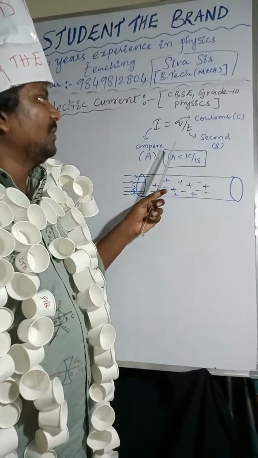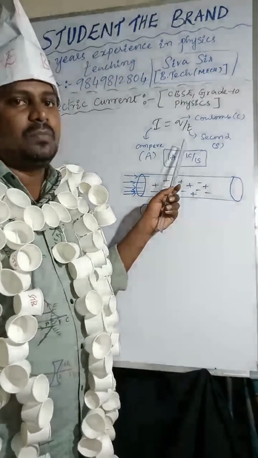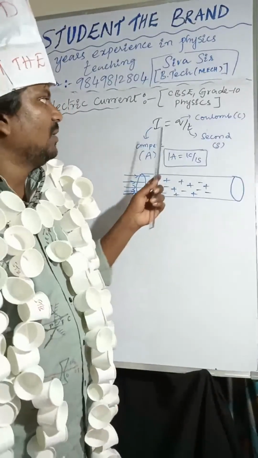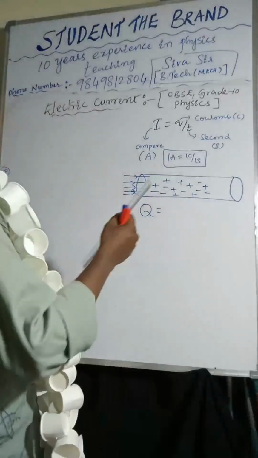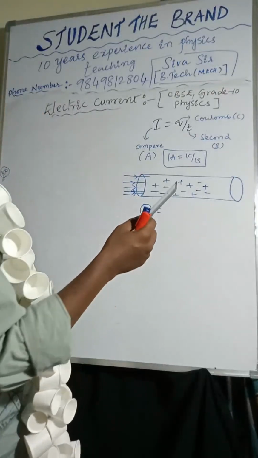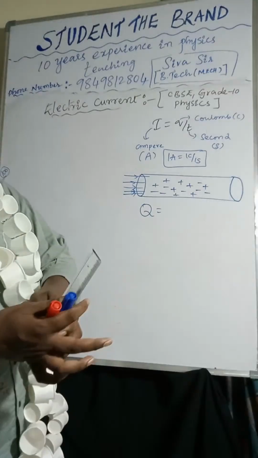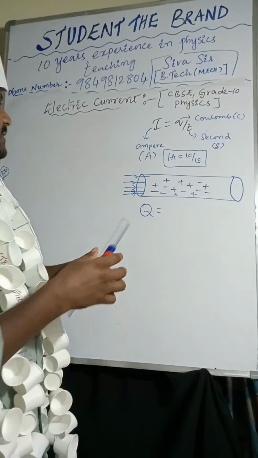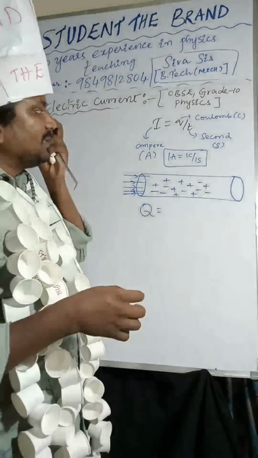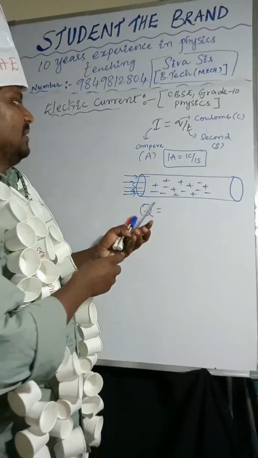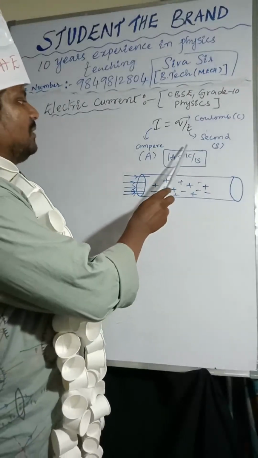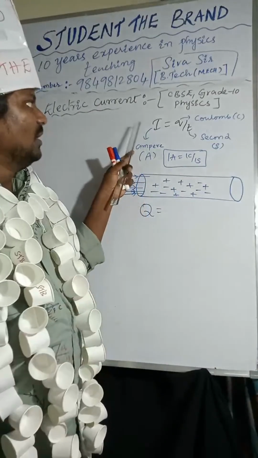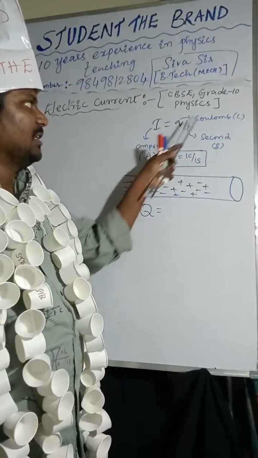So 1 ampere equal to 1 coulomb per second. 1 ampere of current is defined as 1 coulomb of charge flowing through a unit cross-section area per second. That is 1 ampere.